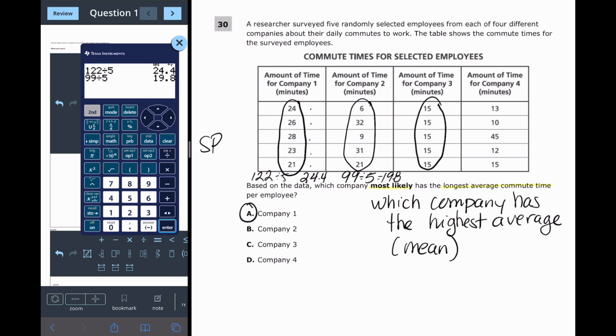I know when I'm going to add them all up and divide by 5, I'm still going to get 15 because they're completely even. And this last one, when we add all of them up together, we get 95 divided by 5, and that's going to give us 19. So A makes the most sense. So hit pause and jot this one down into your notes. All right, let's go to the next one.